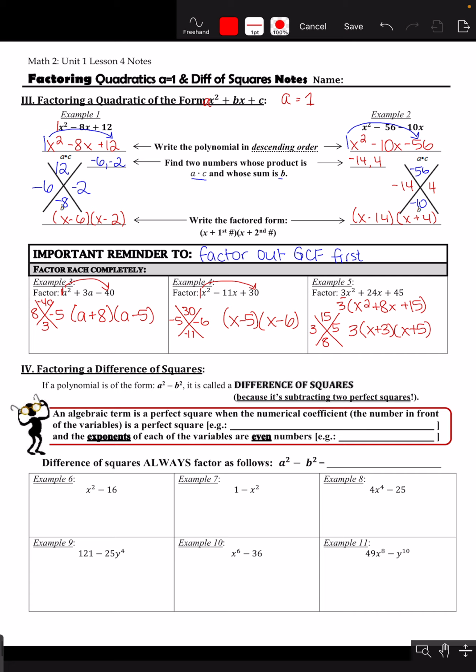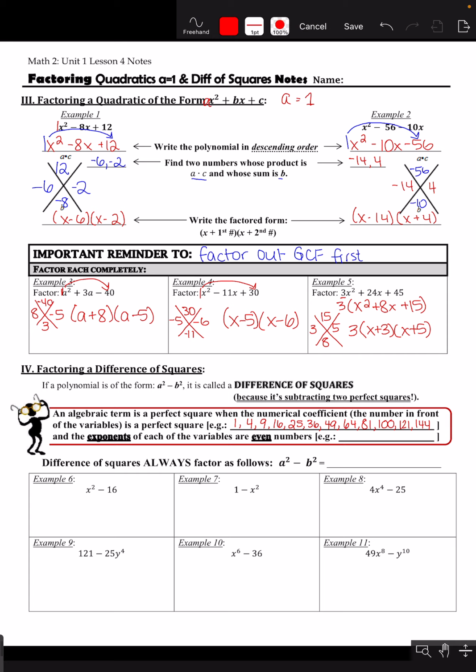So an algebraic term is a perfect square when the numerical coefficient, the number in front of the variables, is a perfect square. And so your numbers for perfect square is when you've got a number multiplied by itself. So 1 squared is 1, 2 squared is 4, 3 squared is 9, 4 squared is 16, 5 squared is 25, 6 squared 36, 7 squared 49, 8 squared 64, 9 squared 81, 10 squared 100, 11 squared 121, 12 squared 144.